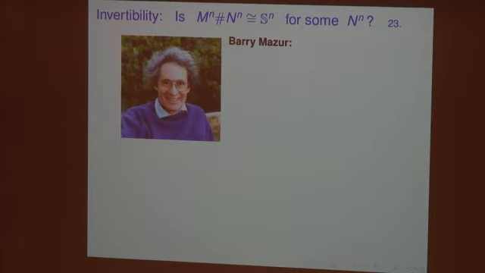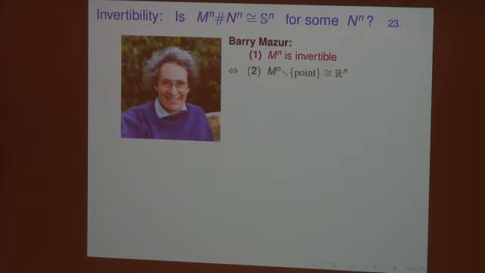He gave a very simple criterion. The manifold is invertible if and only if, when you remove a point, you get the same thing you would get if you remove a point from the standard sphere. Namely, you get something diffeomorphic to standard Euclidean space.